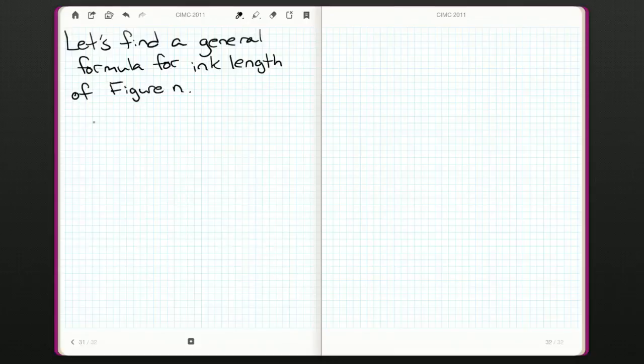Okay. So what do we know about the ink length of figure n? Well, we don't know a whole lot. We don't even know what n is. n is just a placeholder here.